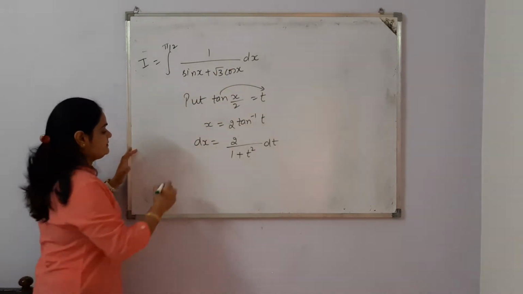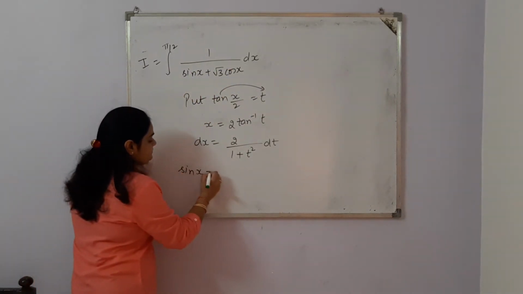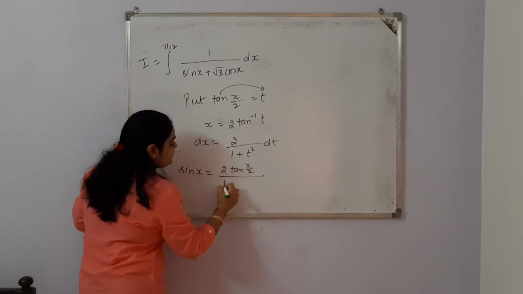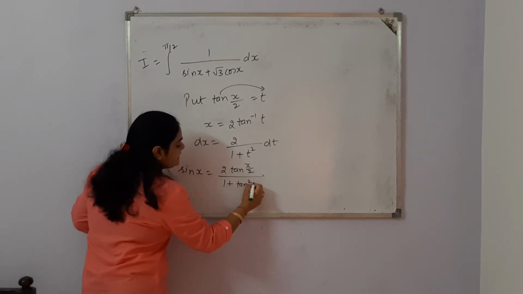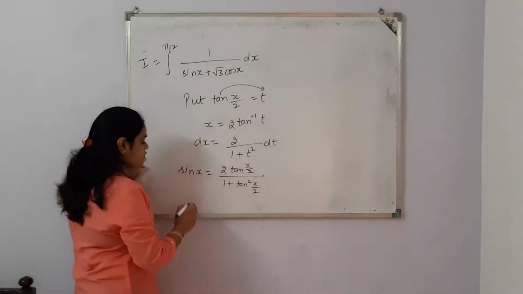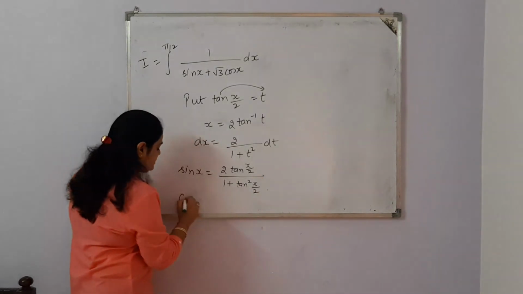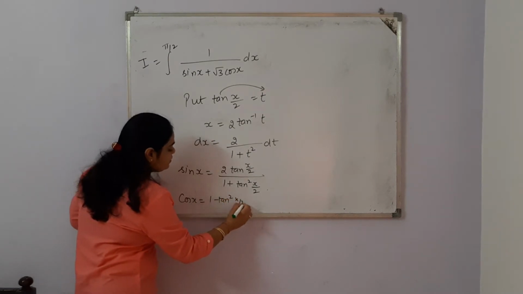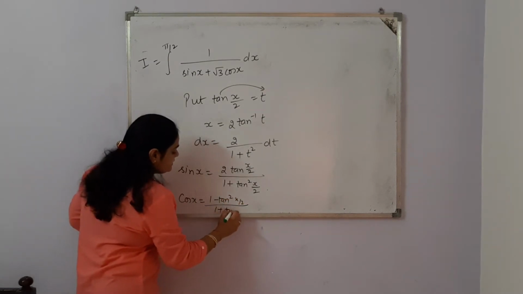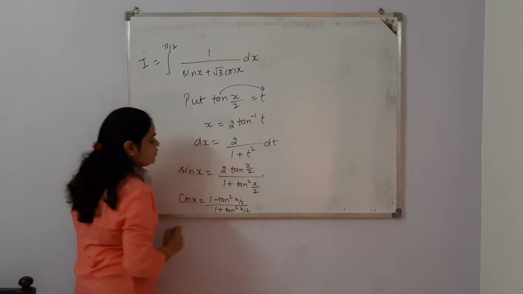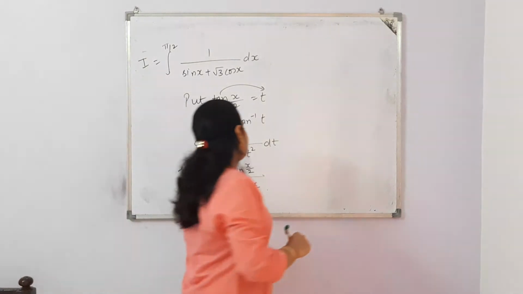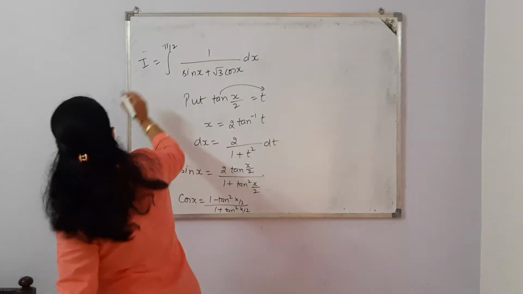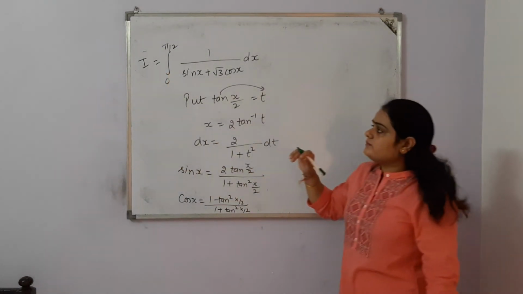Now the sin x formula is 2 tan x by 2 whole upon 1 plus tan square x by 2, and the cos x formula is 1 minus tan square x by 2 whole upon 1 plus tan square x by 2. Now we will do the substitutions, but before that we need to change the limits as well.